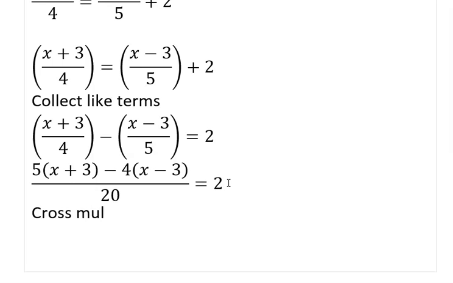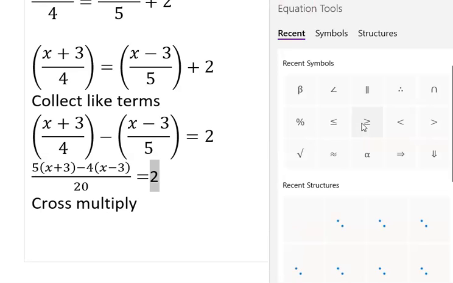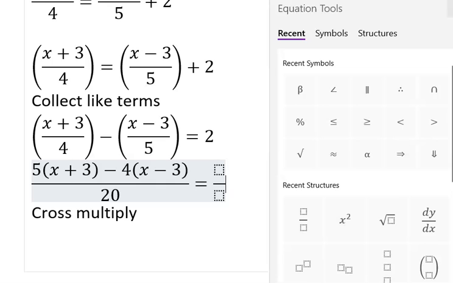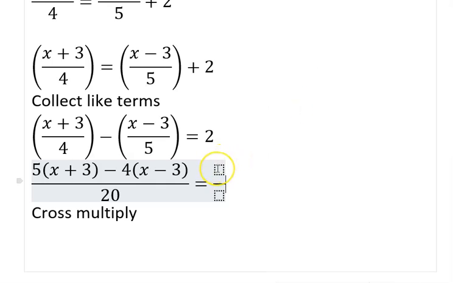What do I mean? You multiply what you have here with this. Okay, let me put this so that we will not get confused. This is still the same as 2 over 1. Beautiful.